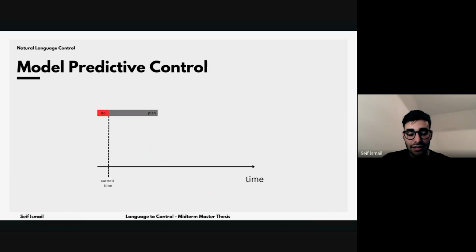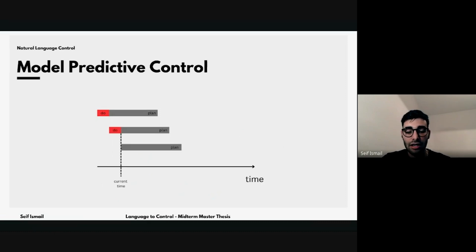What you do with this plan is you apply the first action, or the first set of actions, in the plan, and then you discard the plan completely. You measure anew from that point, and you generate a new plan from scratch. And you keep doing this. So you just take the first action of the plan, and you keep regenerating the plan. This is known as receding horizon control, because every time you keep receding your horizon.